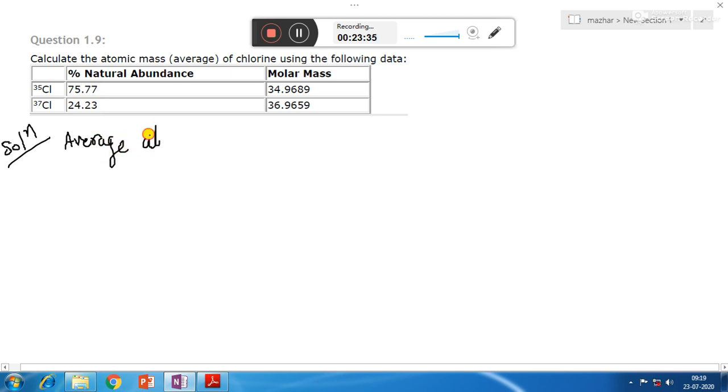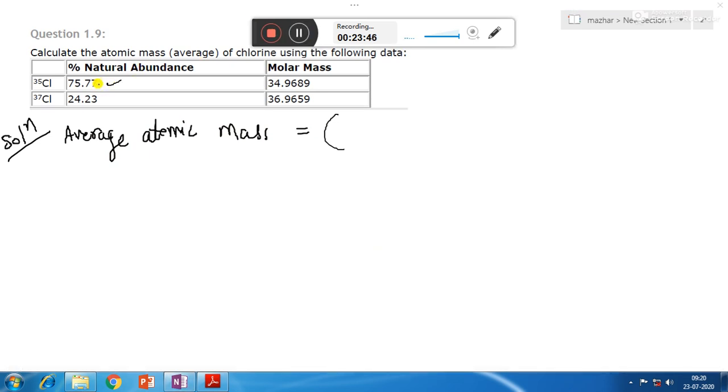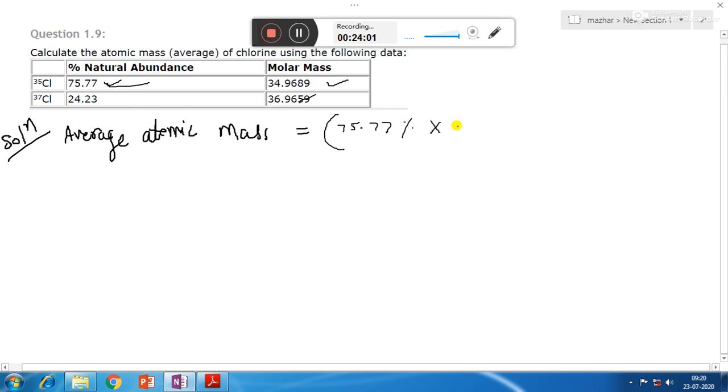Average atomic mass of chlorine equal to, we have to take the percentage of a particular isotope, that is 75.77%, and you have to multiply that with the corresponding molar mass, so 34.9689.